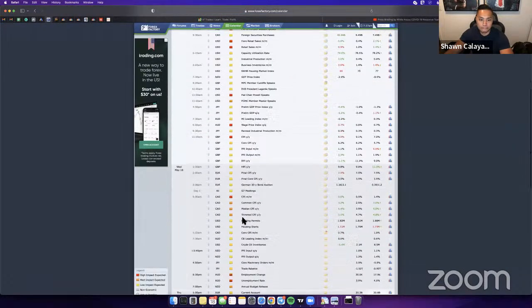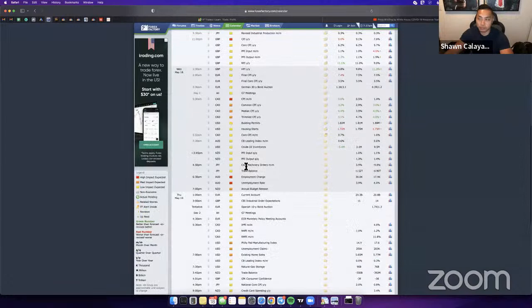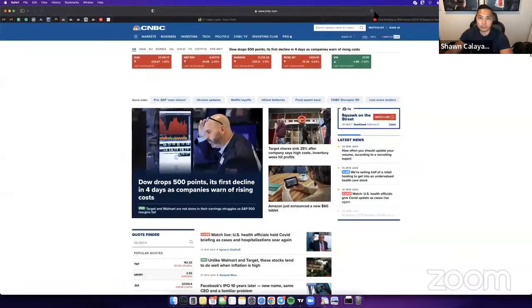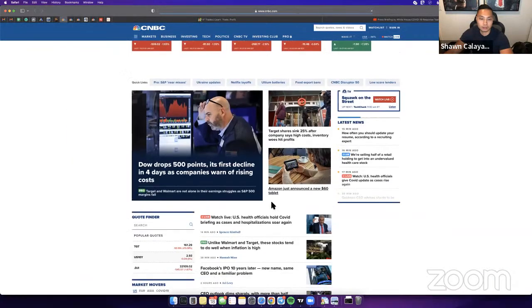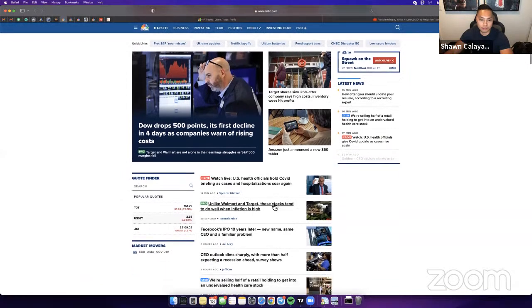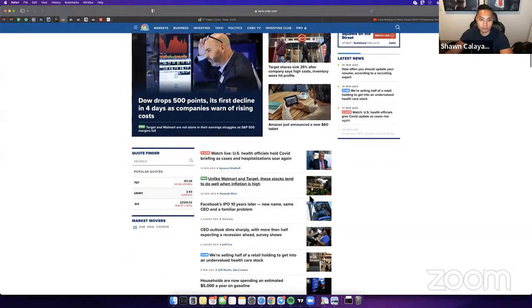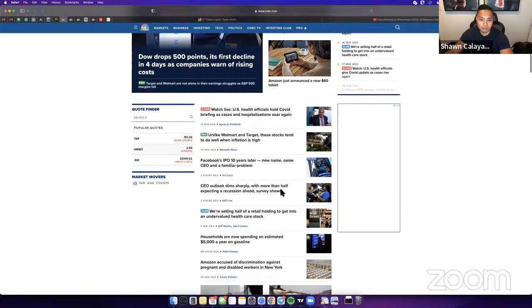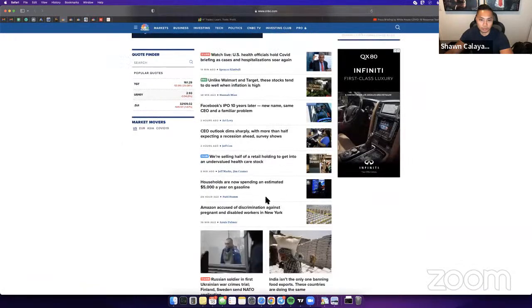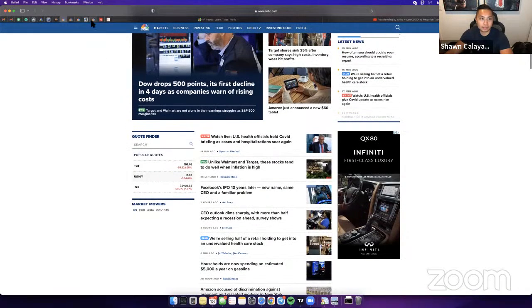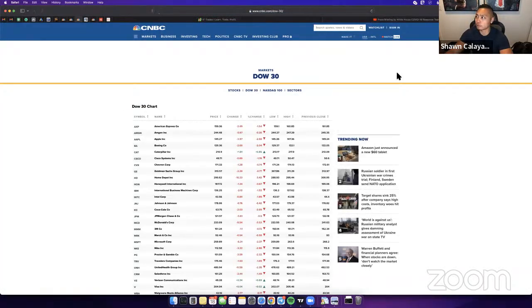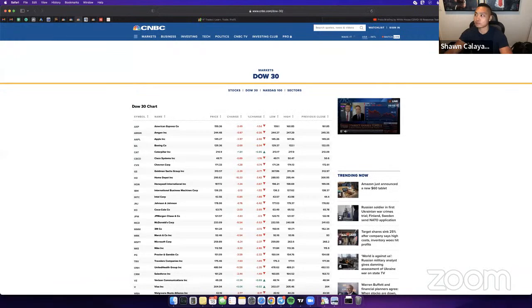I don't think there's any other specific news here, but I know there's going to be some news regarding Pfizer because they're going to talk about the new Pfizer vaccine for children, and it's going to affect certain stocks. Pfizer is part of US30, or I think it is. I don't know if it still is, but I know that it was before.